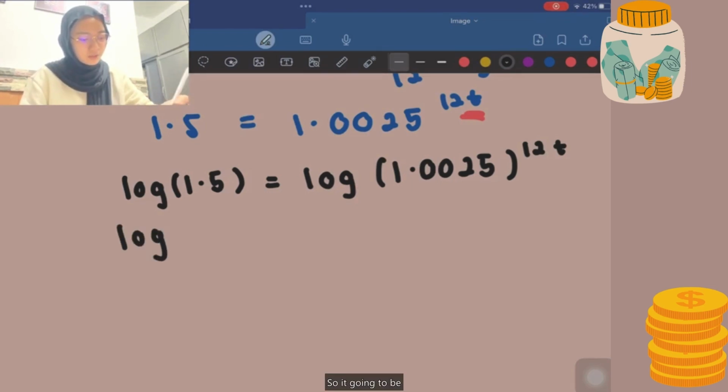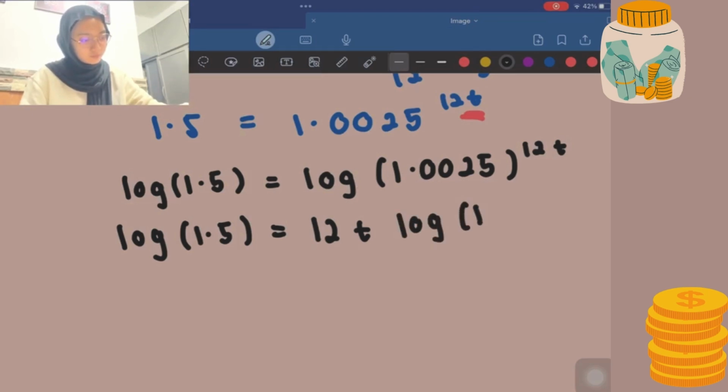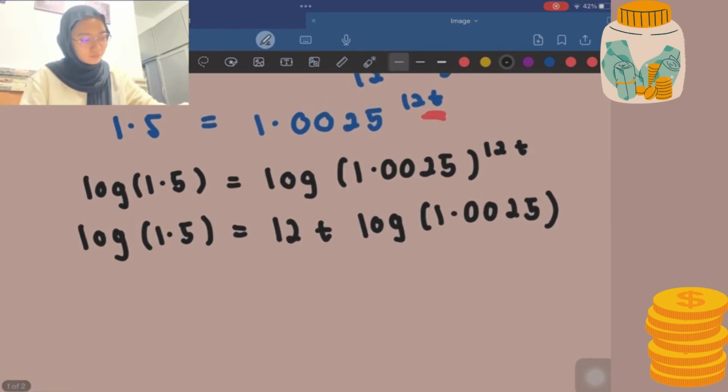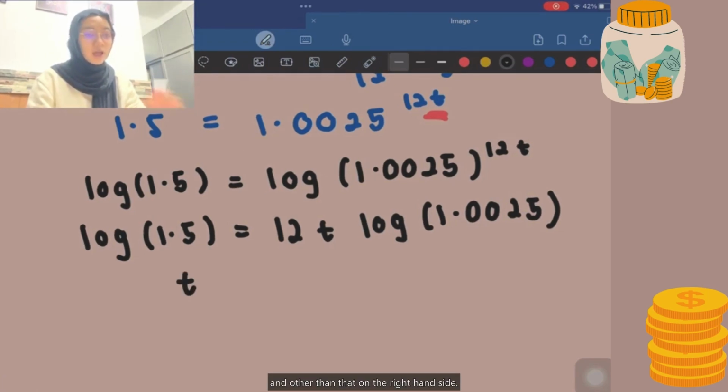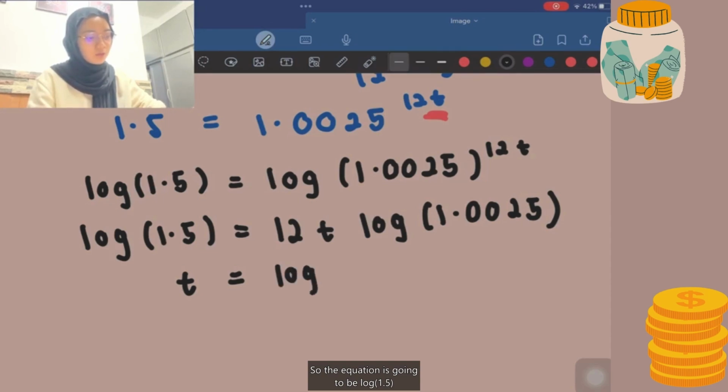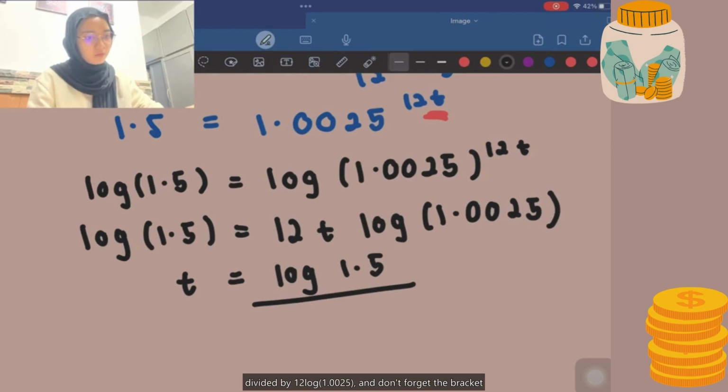So now we're going to put t on the left hand side, and everything else on the right hand side. So the equation is going to be t equals log 1.5 divided by 12 log 1.0025, and don't forget the bracket.